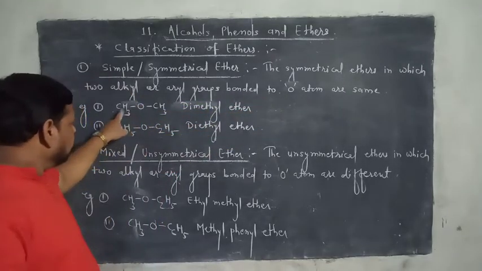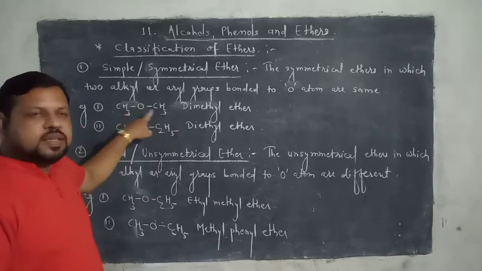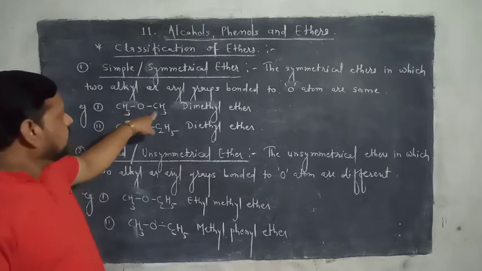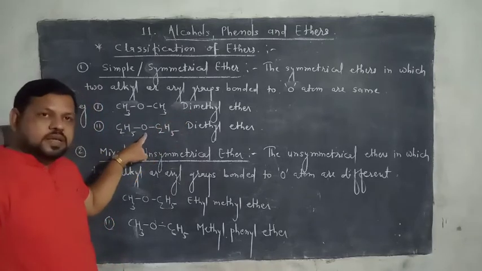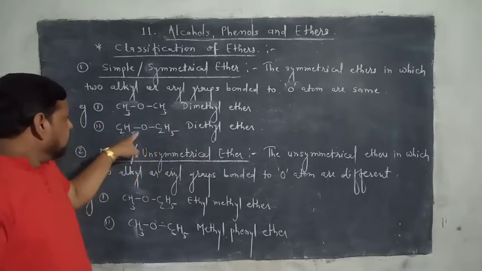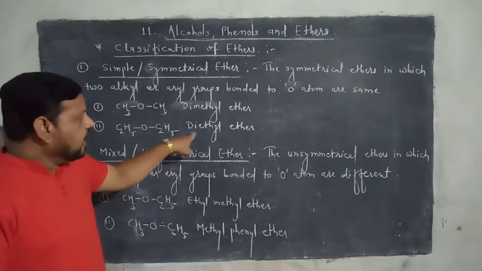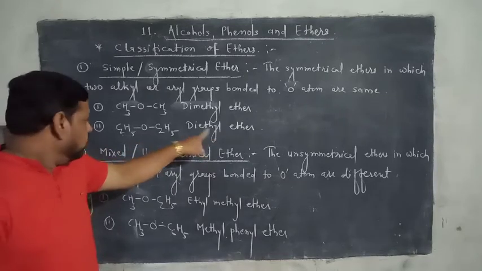See here, this oxygen atom is bonded to two alkyl groups. These two alkyl groups are the same, that is, two methyl groups, and the first example is called dimethyl ether. In the second example, the oxygen atom is bonded to two ethyl groups, that is diethyl ether, C2H5OC2H5.